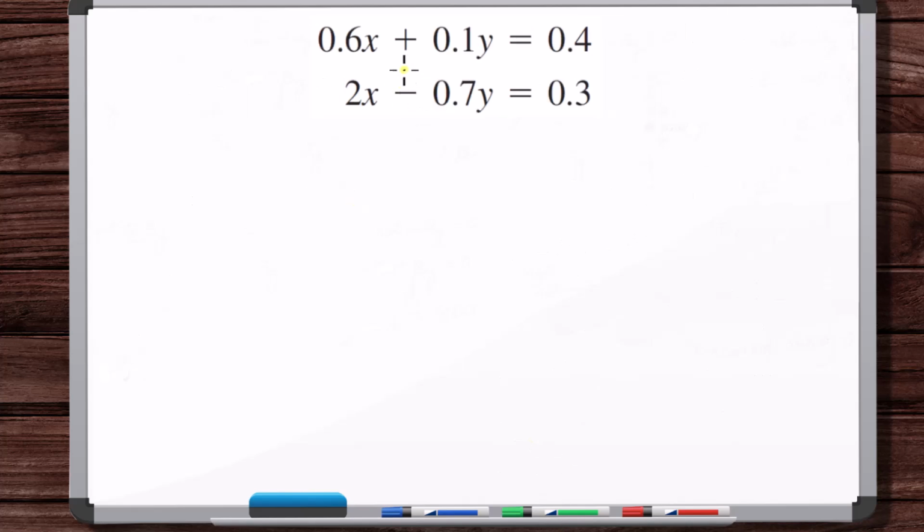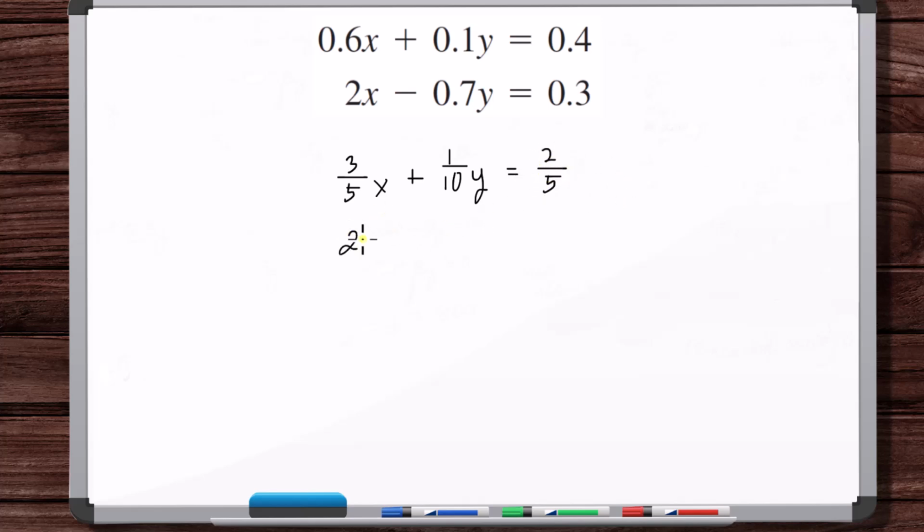Okay, now for problems like this, the textbook advises us to clear the decimals or the fractions, but I mean, you don't have to, do whatever you want. But we can say, so 6/10 is what? That's 3/5 x plus 1/10 y is equal to 4/10. That's 2/5.